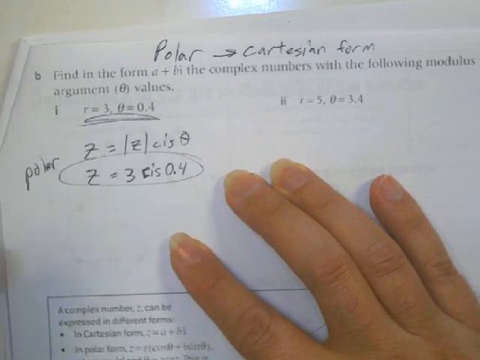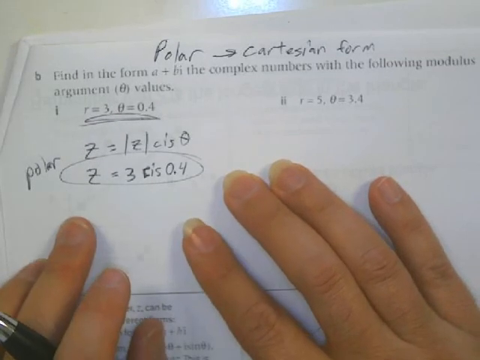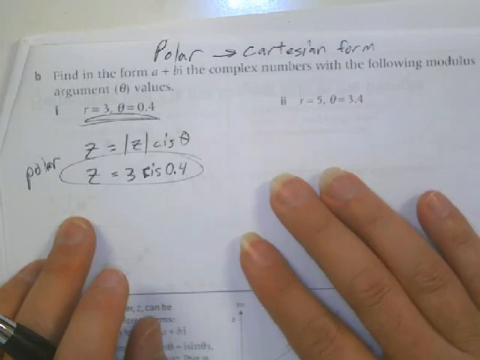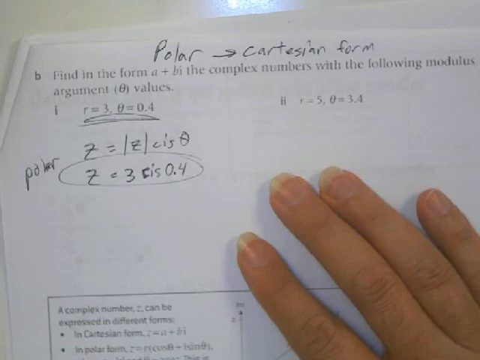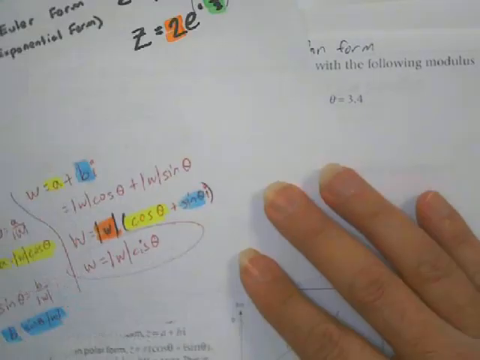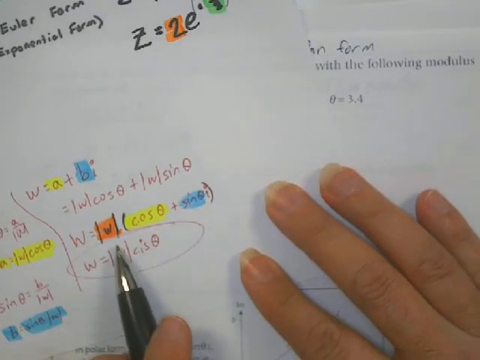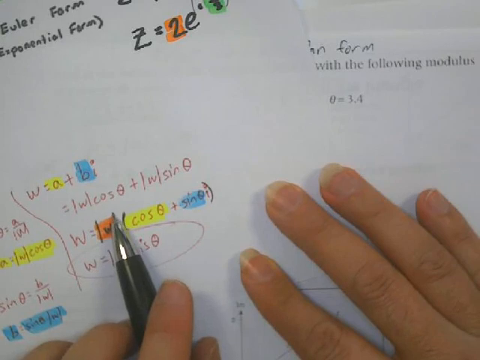So in order to convert this to Cartesian form, we're going to use the relationship that we got from Revision Village, which is, what does cis mean in the first place?